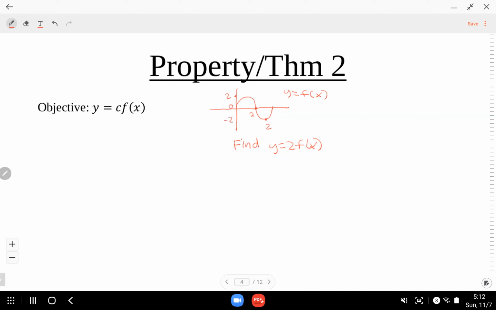Okay, this would be 3. 1, 2, 3, and 4. Okay. All right. And then we can make our chart.